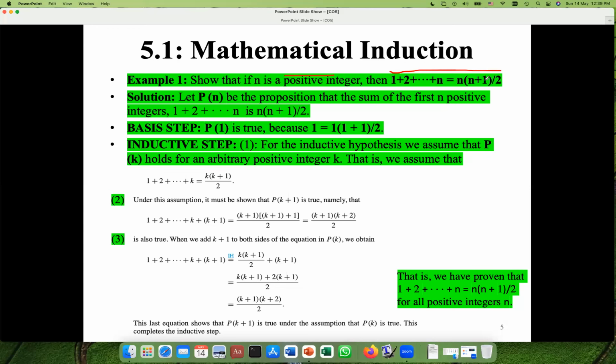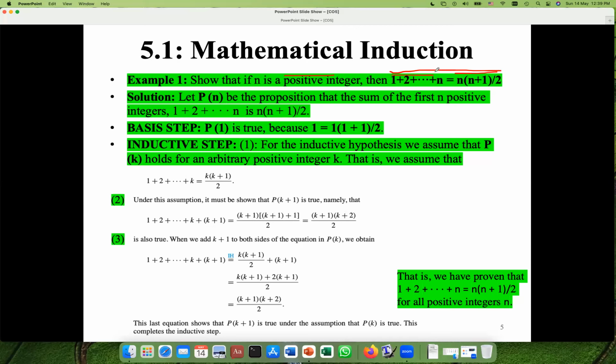Then you have to show that the left hand side is equal to the right hand side. n is used in this equation, and n is a positive integer. You have to prove that. What this equation is saying is that if you add all positive integers up to n, you can simply take their sum by using that equation.